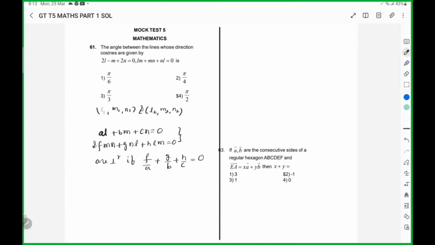How to remember this? f/a. Here mn is there, the missing letter is l. More variables are associated, that we write in the numerator. So here mn, lm, if I take coefficient 1, n coefficient half. Mn coefficient is 1, l coefficient is 2. Nl coefficient is 1, m coefficient is minus. That means the angle between them is 90 degrees.